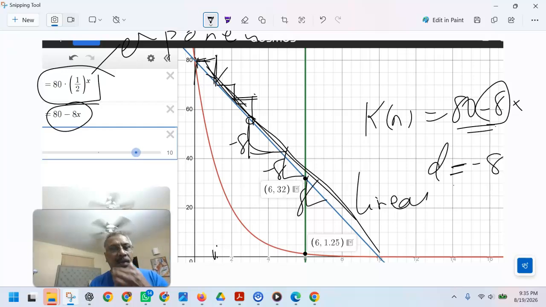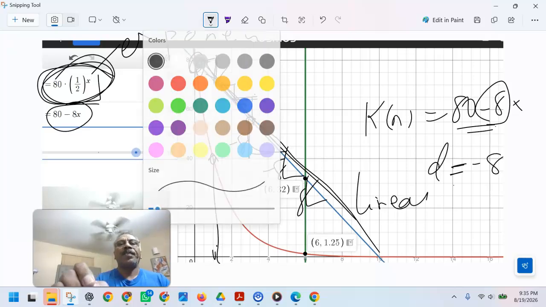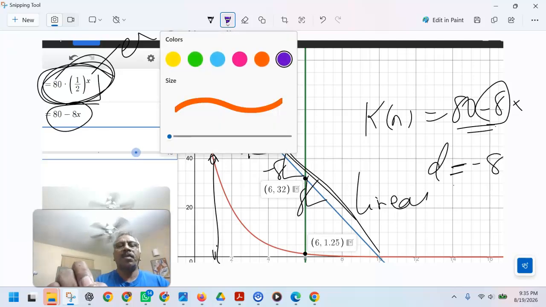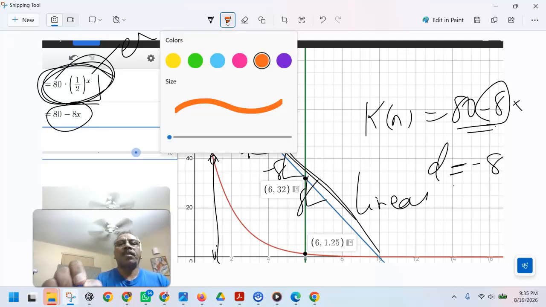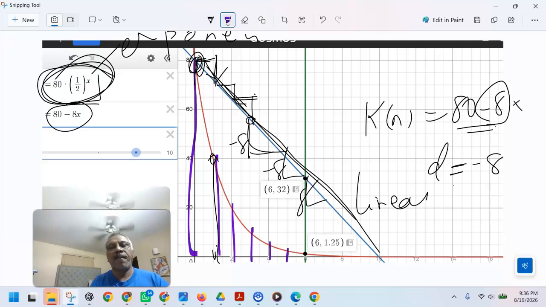Okay, so that's what. But the first one is this piece. It decreases, makes half. So if this is 80, then it becomes 40. Look, this is 40. And that's a beautiful visual understanding. So this is 80, then becomes 40, then 20, then 10, then 5, and 2, and 1.